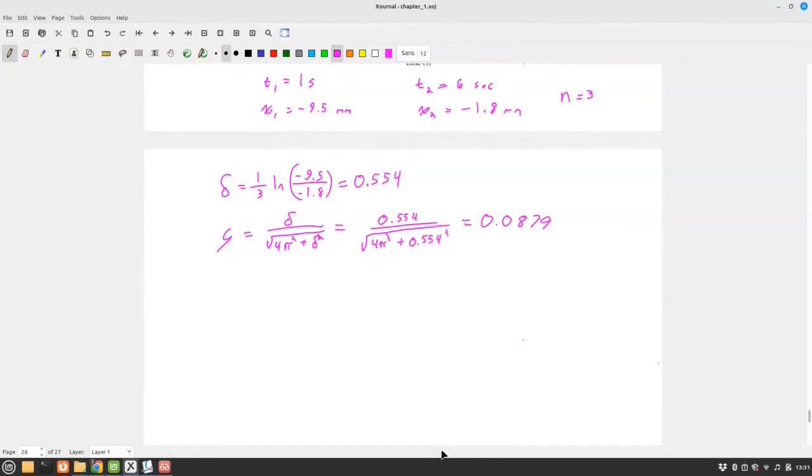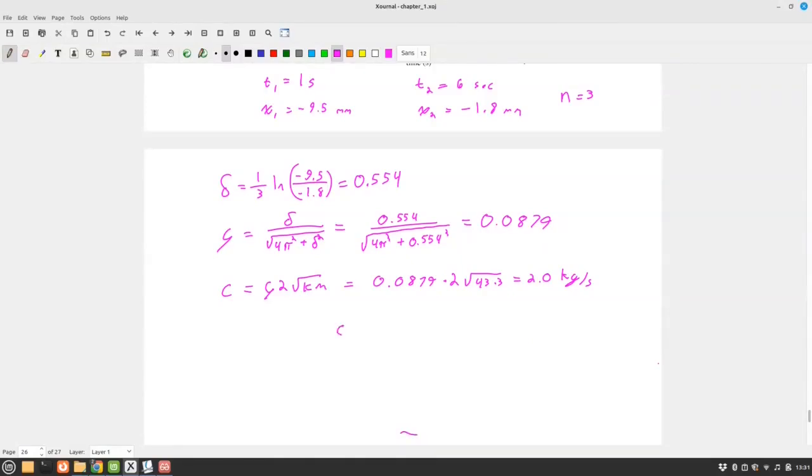But that's pretty easy now to put into c, which is equal to zeta times 2 times the square root of km. That's 0.0879 times 2 times the square root of 43 times 3, which is equal to 2.0 kilograms per second.